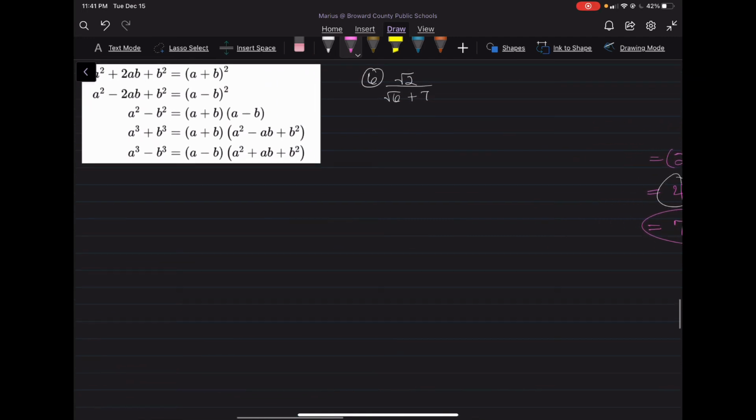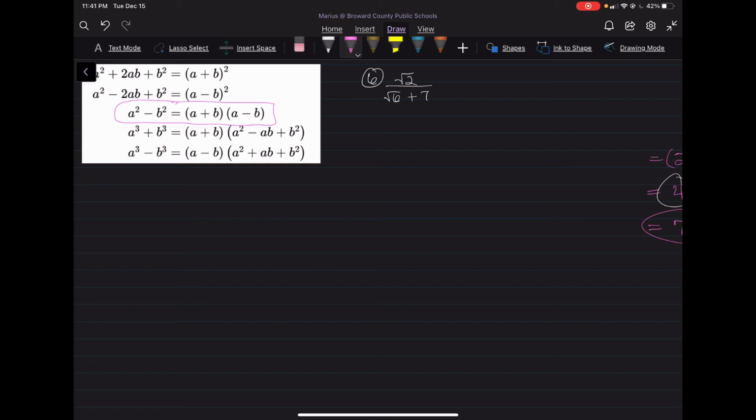Now, number 6, for this example, we still have the chart for factoring trinomials. And our expression says the square root of 2 divided by the square root of 6 plus 7. Now, the one we're going to use for this one is the a squared minus b squared. And you'll see why in a minute.